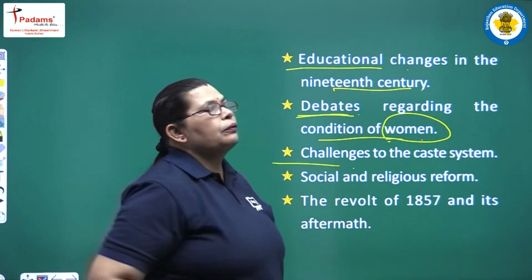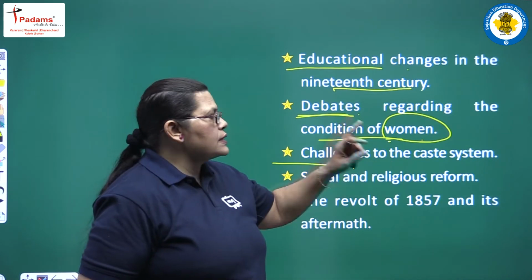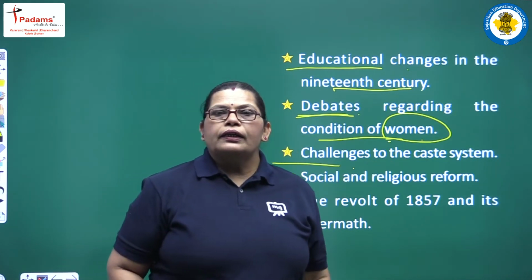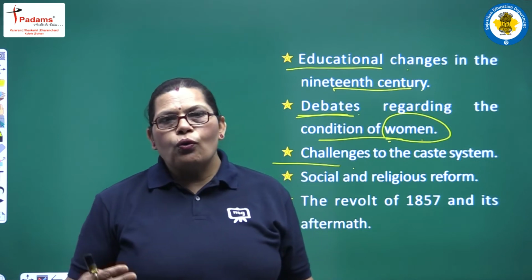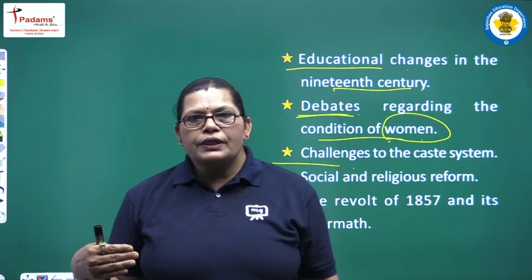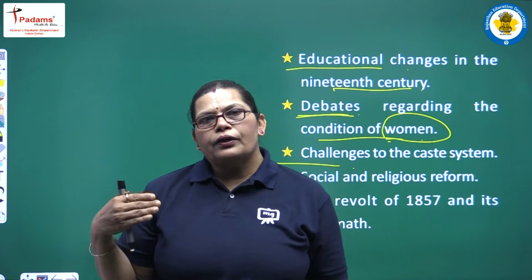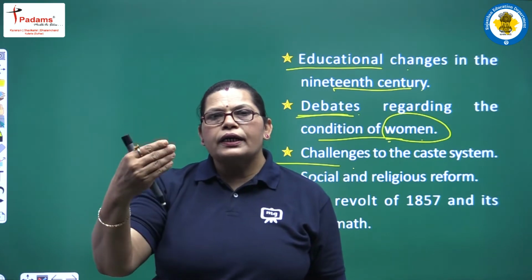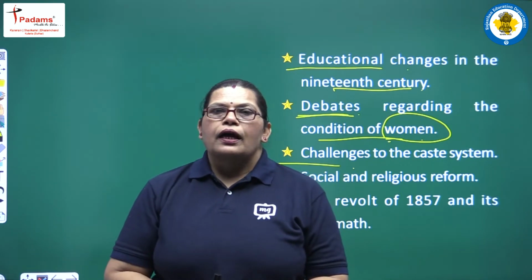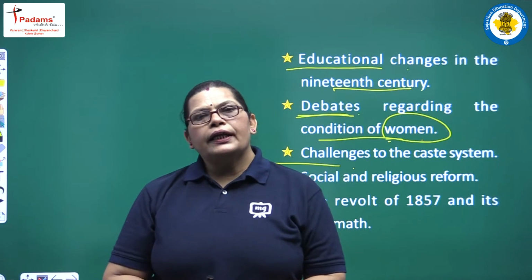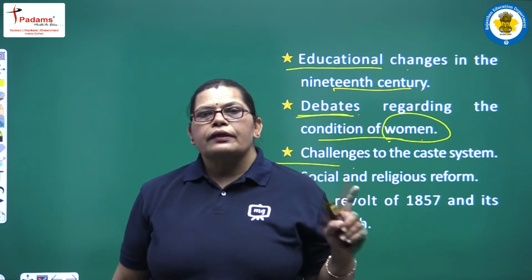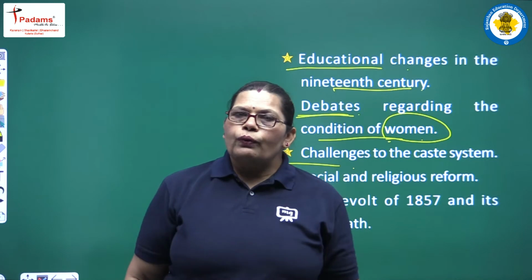See here, other changes took place mainly in the caste system. We had already learned in our previous part about the four castes, that our society was divided into four castes. First is the upper class, in which Brahmins and Kshatriyas were there.